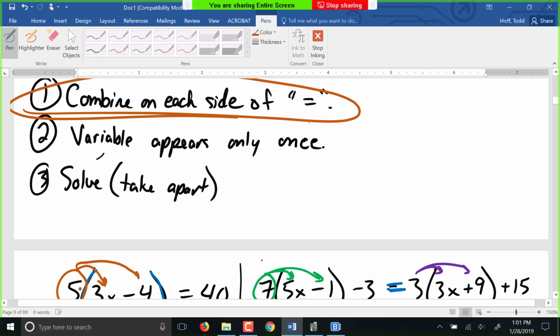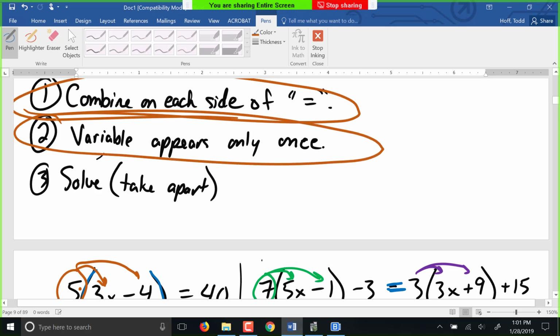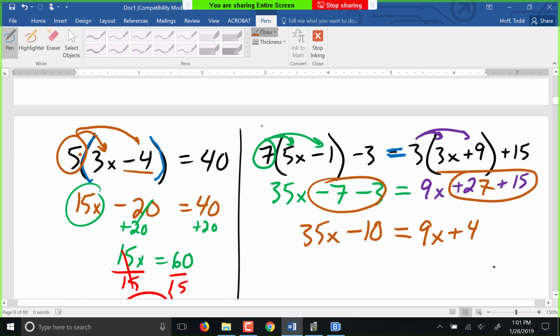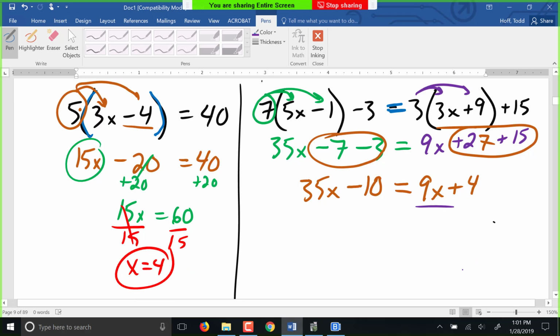So what we've done so far is that first step. Combine on each side of the equal sign. Now the second step, does the variable appear only once yet? No, it's on both sides yet, so we still have to take care of that. How are we going to take care of that? Perfect. 9x is the smaller one, so we're going to subtract 9x.